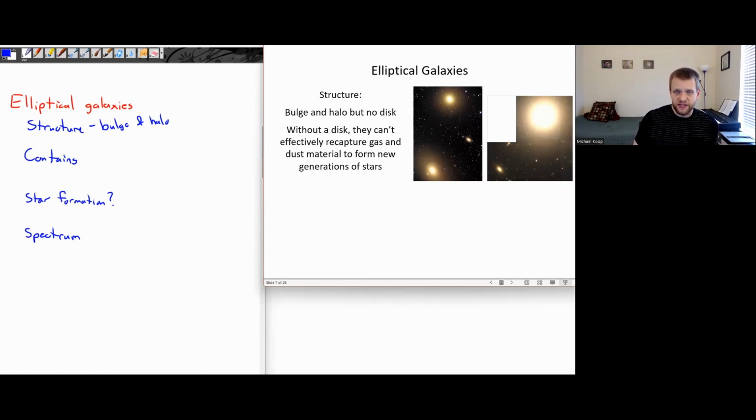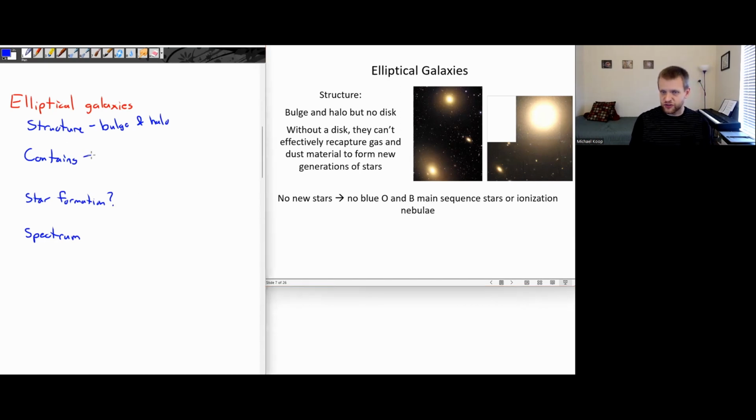These elliptical galaxies don't have that disk. They don't have that method of recapturing material that was ejected in these supernova events. So it can't really form new generations of stars. So if there's no new generations of stars, we get none of those signs of star formation, no O and B main sequence stars, no ionization nebulas.